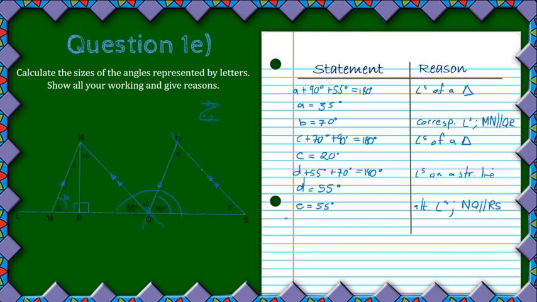Okay, and then F. The easiest way is F, this angle being equal to this angle because they are corresponding angles. So I can just simply say that F is equal to 55 degrees, and my reason is corresponding angles. And I have that NQ is parallel to RS.